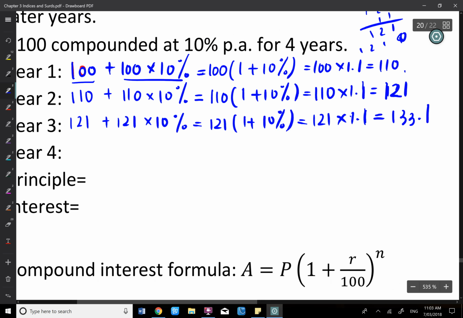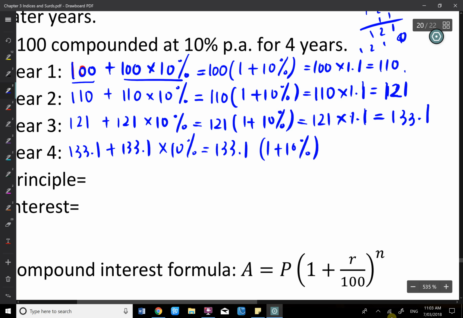That's the amount of money you have at the end of the third year. And then 133.1 plus 133.1 times 10%, and that gives you 133.1 times 1 plus 10% equals 133.1 times 1.1. I'm not going to calculate that one. But can you see the pattern here?